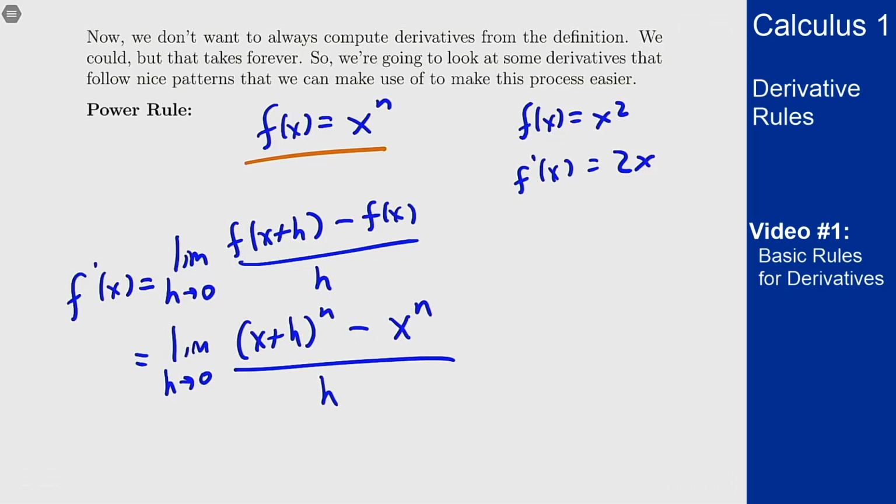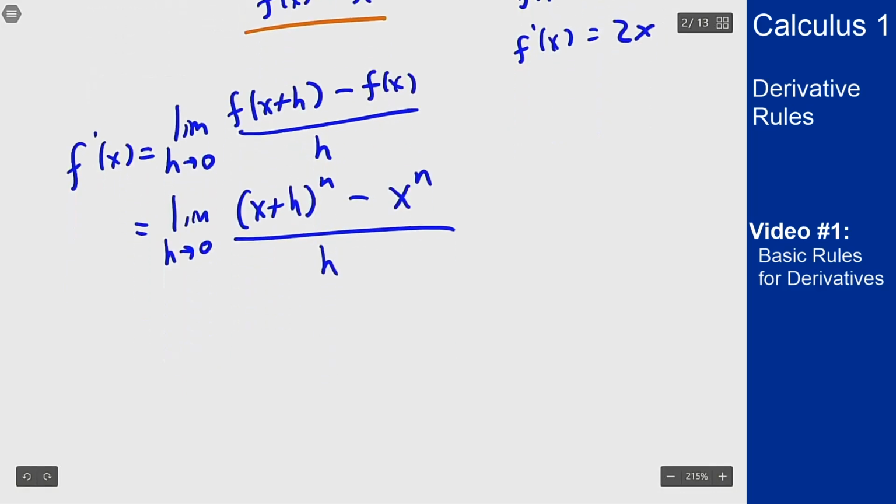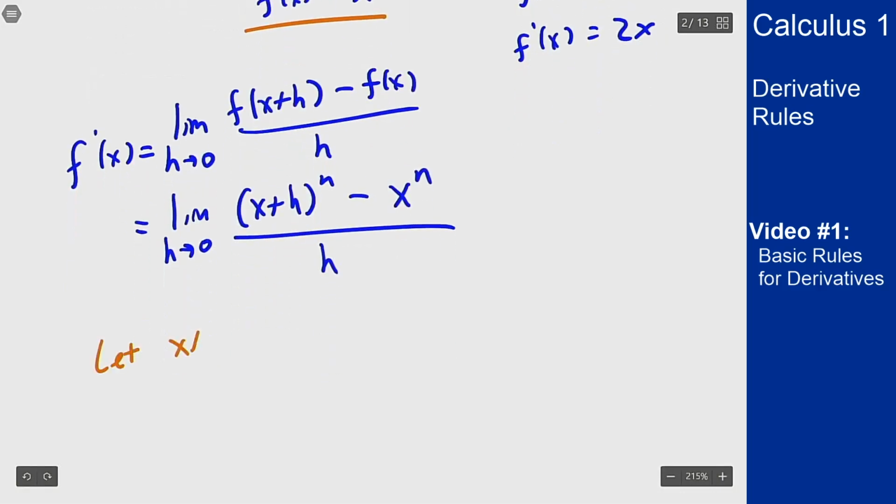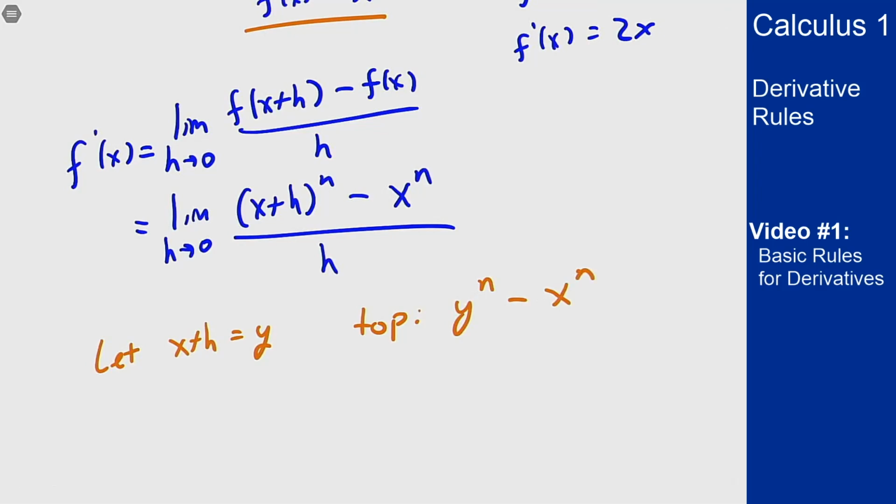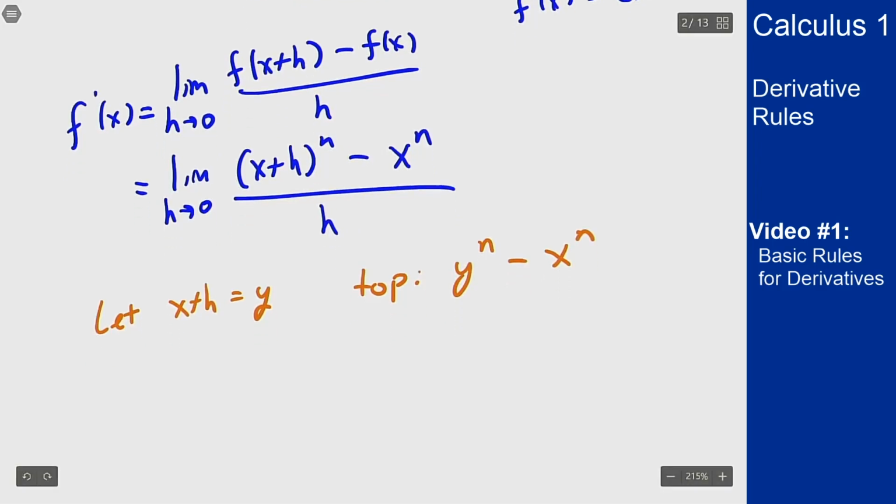Now, there's a couple ways you can think about simplifying this. The easiest, though, might be to rename a variable here. So if we let x plus h be y, the top is y to the n minus x to the n.